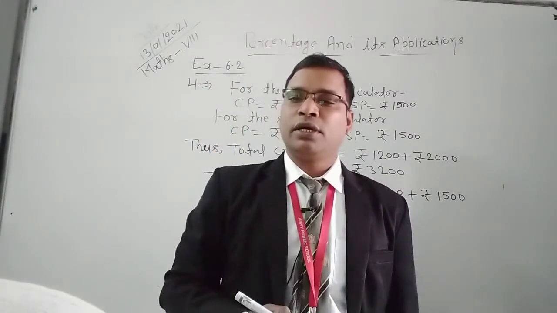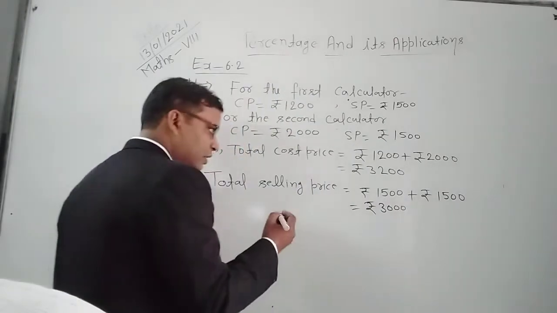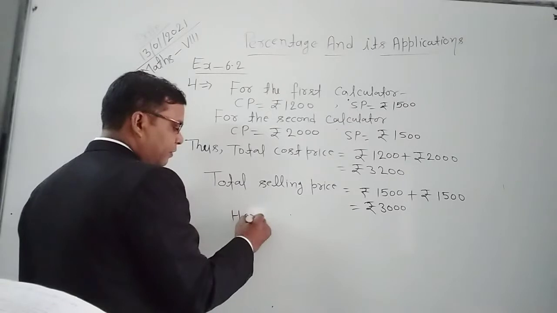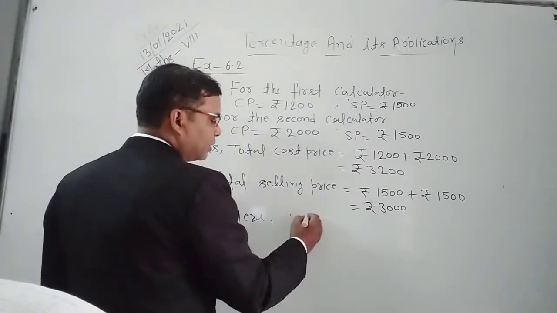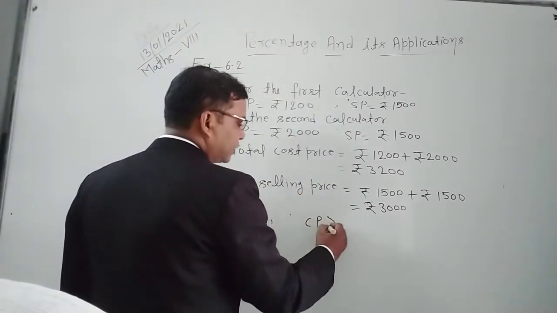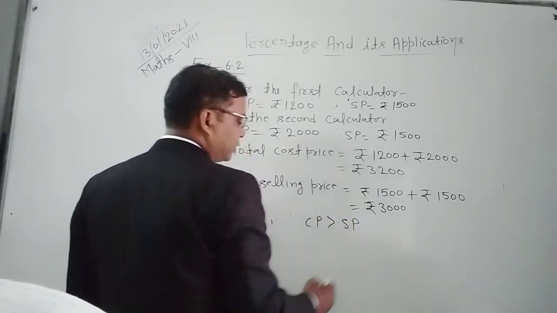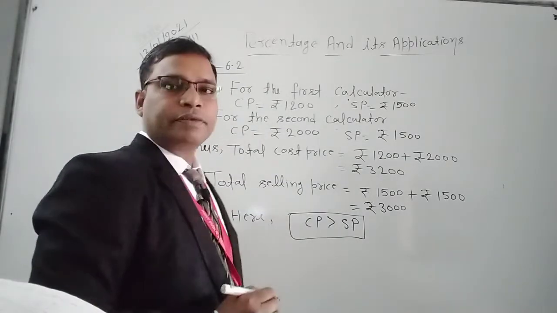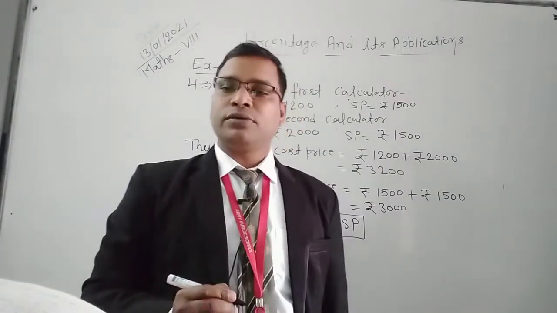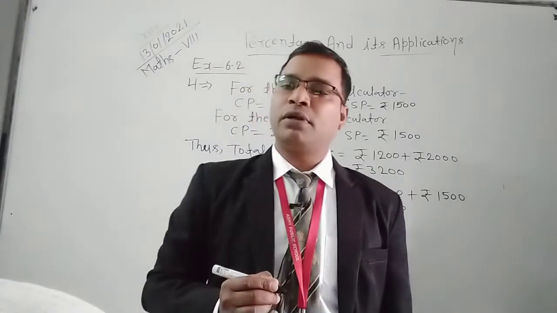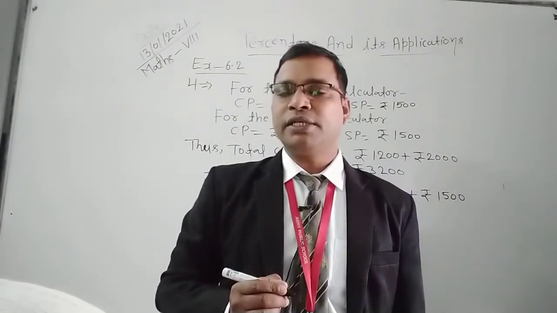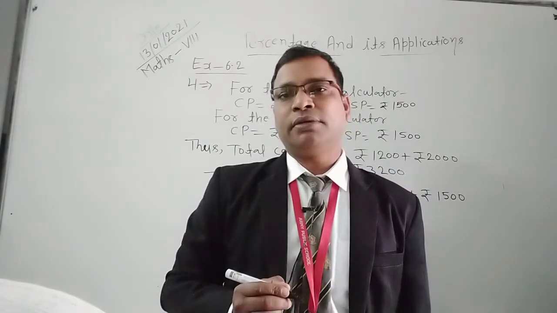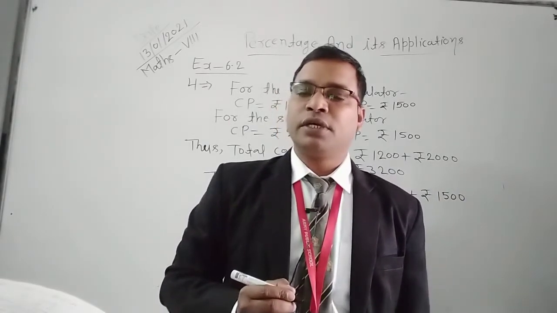This is clear. Here you can see the cost price is greater than the selling price. So you can say David has a loss in the whole transaction, because the cost price of the two calculators is greater than the selling price of the two calculators.